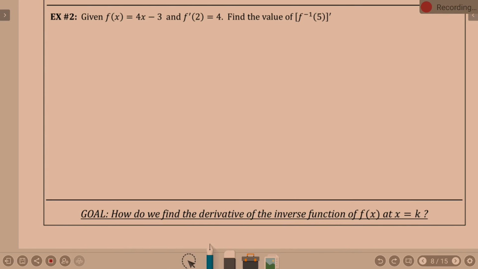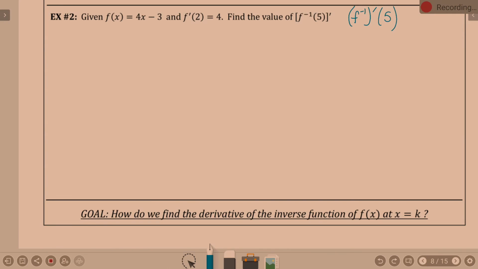Given a function f of x equals 4x minus 3, and that f prime of 2 equals 4, find the value of the derivative of f inverse of 5. Basically that is saying f inverse derivative of 5. Does that look any better? Not really, but that's what it's asking us to do.